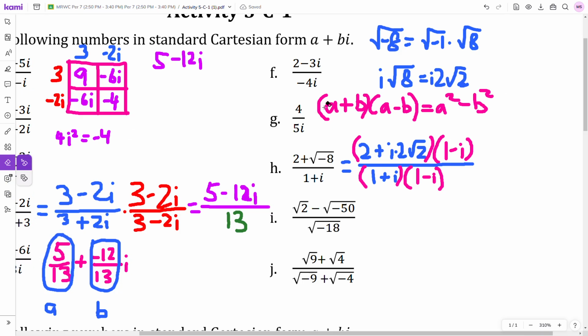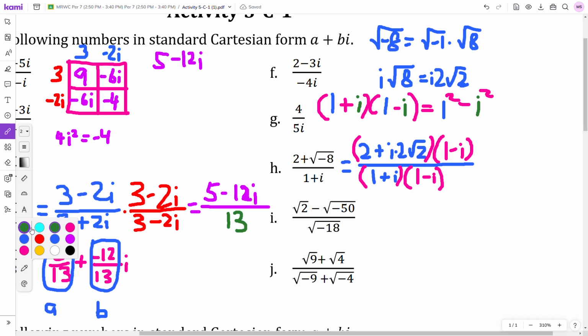So this is 1, and the b is i. And what that means is that this is 1 minus negative 1. In other words, 1 plus 1. And you know what that is? That's 2.